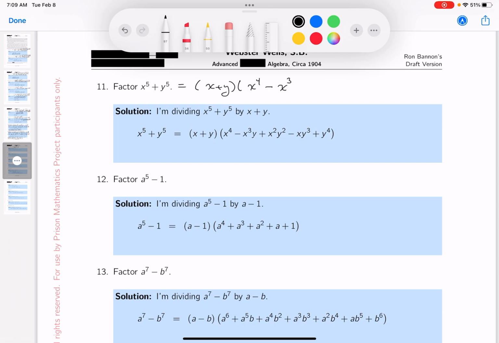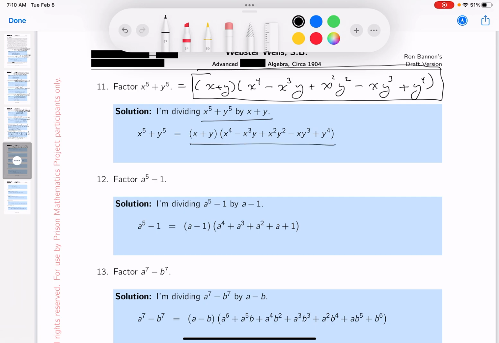The powers of x are going down by 1, the powers of y are going up by 1, alternating. Nice simple pattern. Again, I claimed I did this by long division. Now I'm doing it by pattern. Are we getting the same answer? x plus y, and term by term: x^4 minus x cubed y plus x squared y squared minus x y cubed plus y^4.